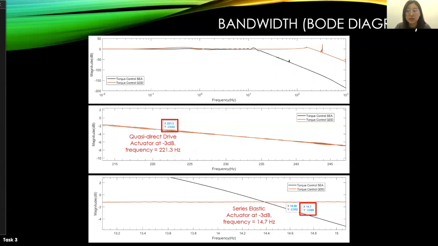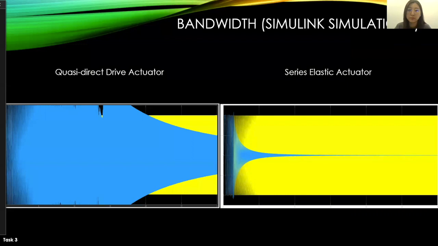And finally, I looked at the output torque of both the quasi-direct drive actuator and the series elastic actuator over a time frame of 30 seconds. As we can see here, the system has accurately detected the frequency of the torque input. The frequency gets higher and higher over here.